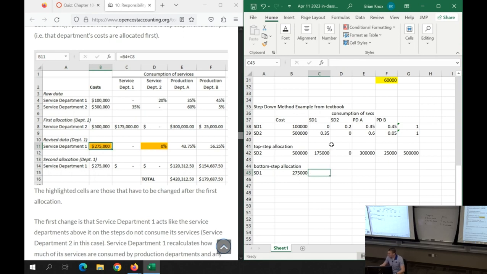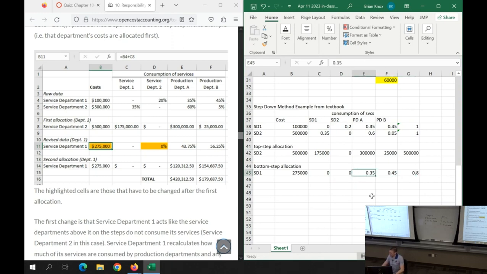And we have to modify the percentages here as well, because water can't flow uphill. We can't push any costs to the top step, to the steps above us. So we have to take this back to 0.